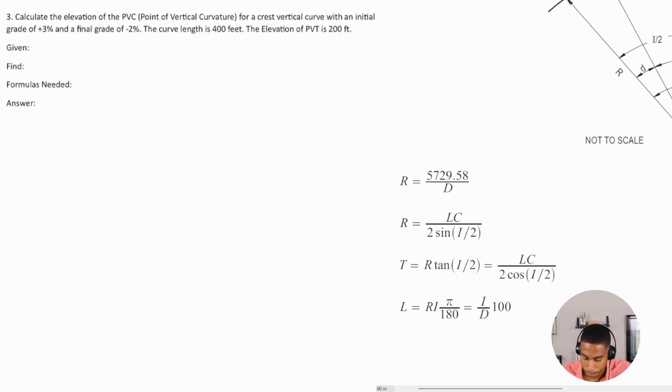The vertical curve is 400 feet. The elevation of PVT is 200 feet.